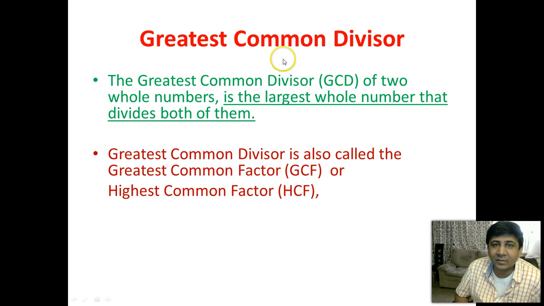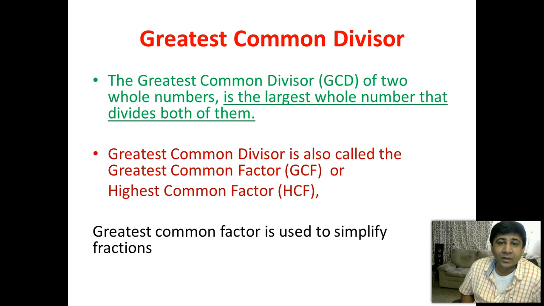Mostly it's called greatest common divisor, but there are other names as well. The most important use of the greatest common divisor is to simplify fractions. If the fractions are written in higher numbers, you want to reduce them, and that's where the greatest common divisor comes into play. You will see that in the coming sections 5.2 and 5.3.